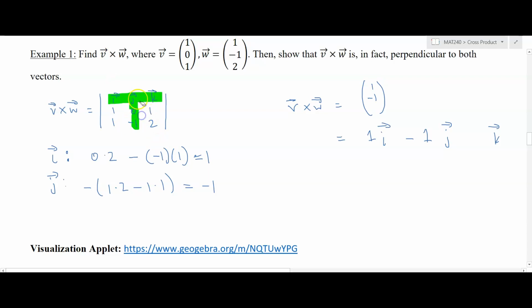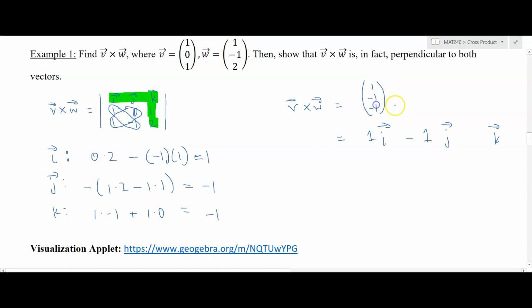Now focus on our K column. To get that, we'll cross out the K column, cross out the K row, and find the determinant of this resulting 2 by 2. So for the K component, we'll have 1 times negative 1 plus 1 times 0, which comes out to negative 1.